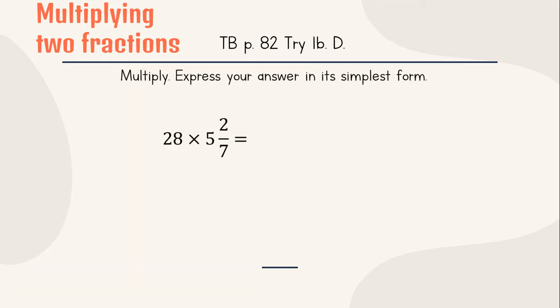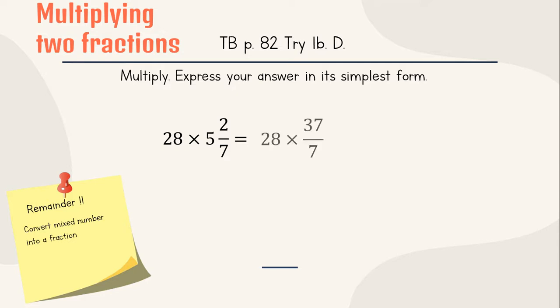1b, point D. 28 times 5 and 2 per 7. Don't ever forget, whenever you have multiplication with a mixed number, make it into a fraction first. 28 times 37 per 7. Can we simplify it?